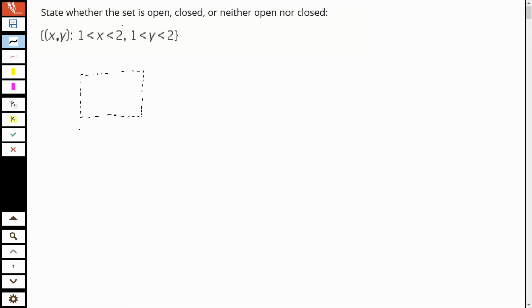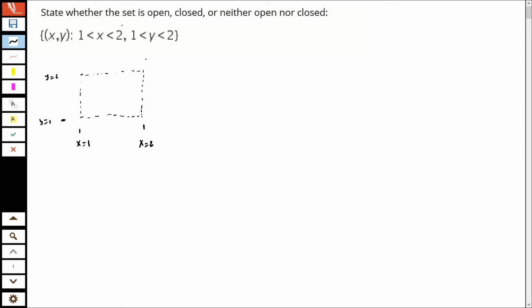The x coordinates go from 1 to x equals 2, and y goes from y equals 1 up to y equals 2. Notice that all the points on the boundary, where y equals 1 and where x equals 1, are not in my set.